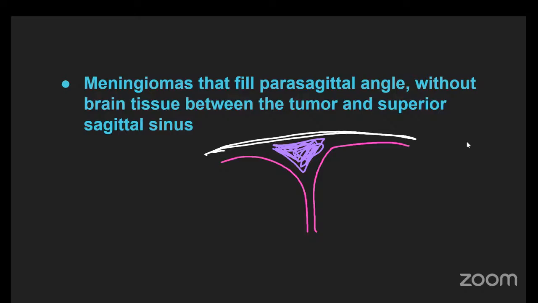I'm going to draw three meningiomas, in fact. This is one. Then we have another meningioma, which looks sort of like this, maybe reaching up to the bone, filling up the space. And then we have another meningioma, which is going to look like this.